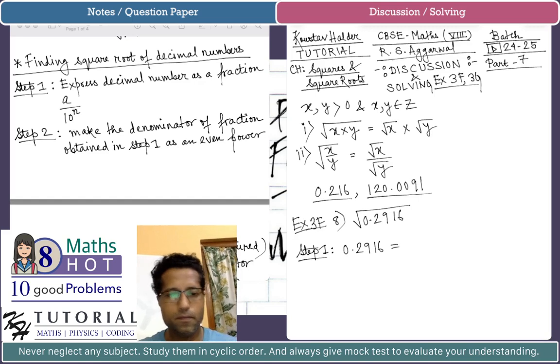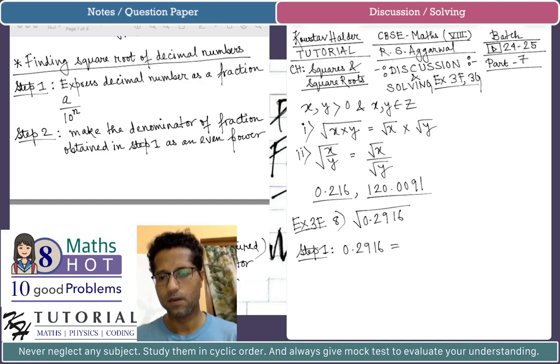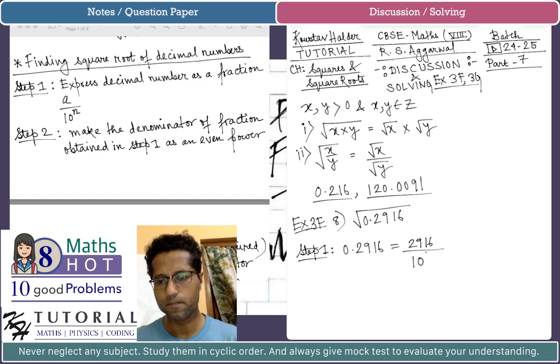I will convert it to a fraction: 2916 divided by 10 to the power of the number of decimal places, which is 4.